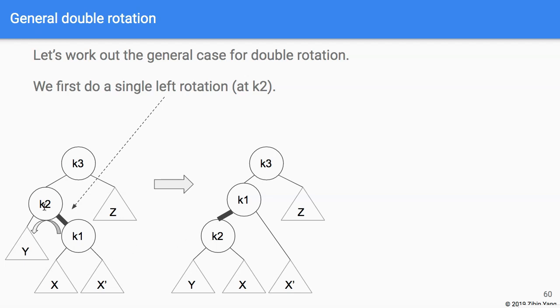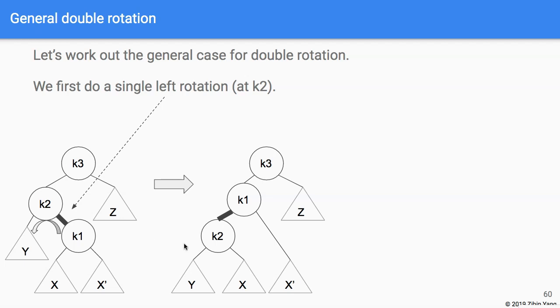And obviously y is still attached to k2 this way, x prime still attached to k1 as the right child. The only complication is, the subtree x, well, we can no longer put it on the left subtree of k1, but we can attach it to the right subtree of k2. Okay, so that's the first of the two rotations.